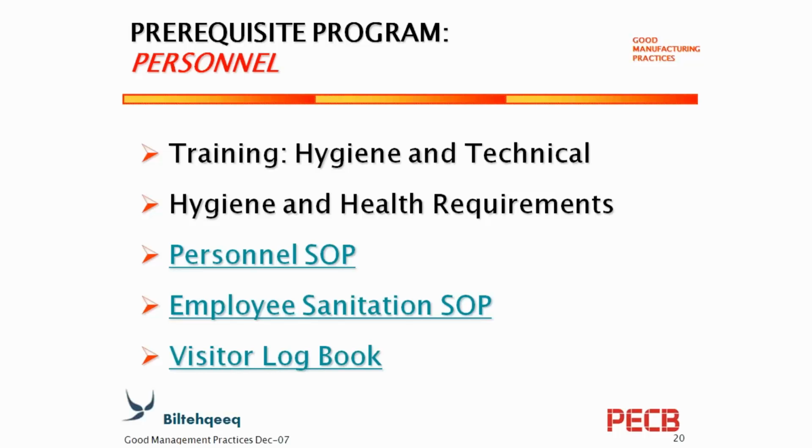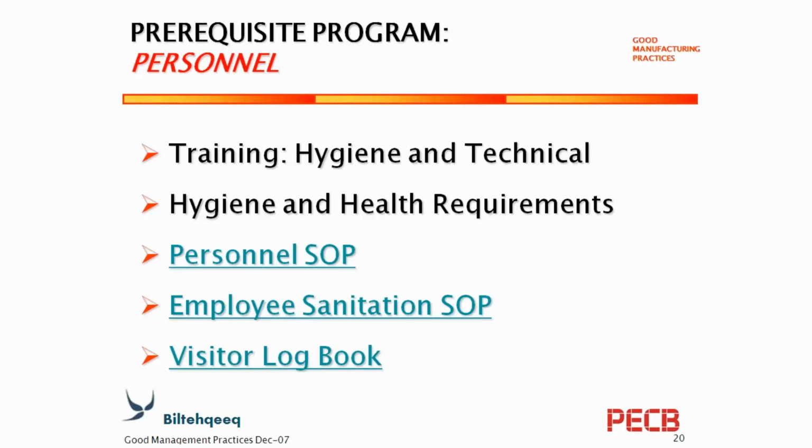You should ensure that the people who are involved in the manufacturing of our food items are physically fit and well aware about the hygiene. So you have to develop a proper SOP for personnel control, and a proper procedure for employee sanitation.